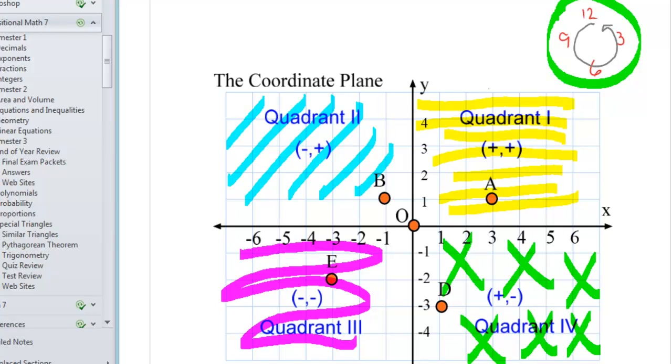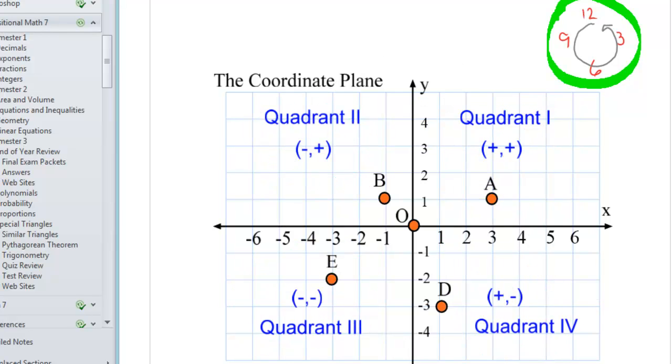So we are counting these counterclockwise, and we start where everything is positive. In quadrant 1, any ordered pair or coordinate is going to have a positive x and a positive y value.